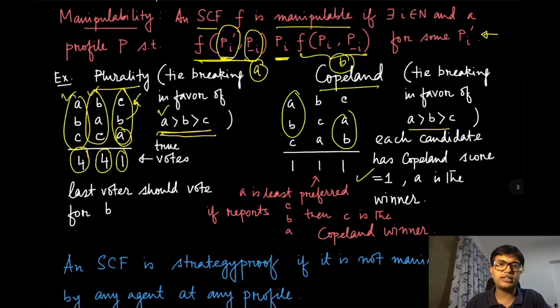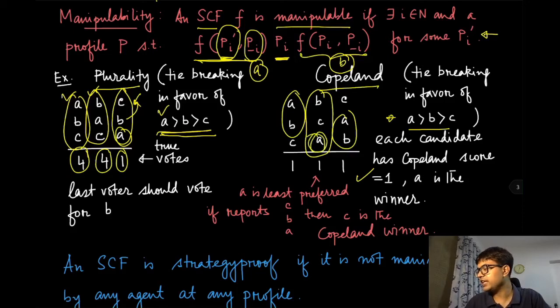Similarly, if you look at B and C, you can see that their score is also 1. So if all agents are revealing their preferences truthfully, then A is going to be the winner, because that's the tie-breaking rule. But now you can see that this particular individual, and here there is exactly 1 voter in each of these classes, has A as the least preferred alternative.